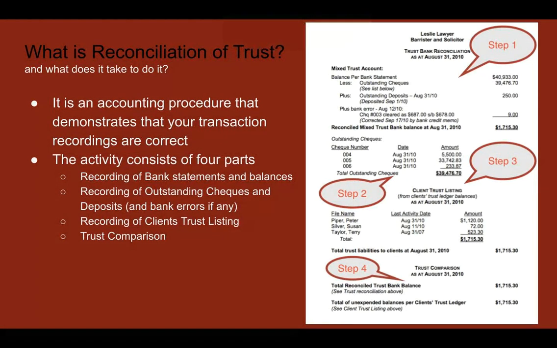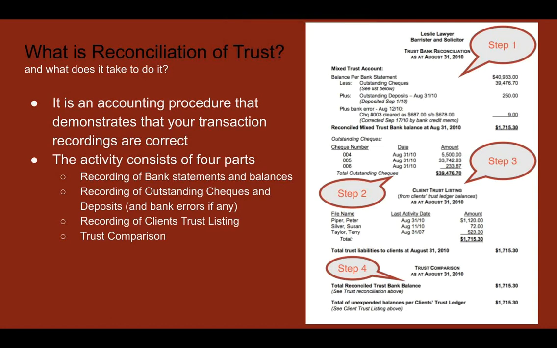As part of the trust bank reconciliation documents, there's something called the client trust listing. This is what you see as the balances of each client in your trust account. It is basically a breakup of your clients' holding balances in your trust account, how much it is, and when was the last date of transaction.